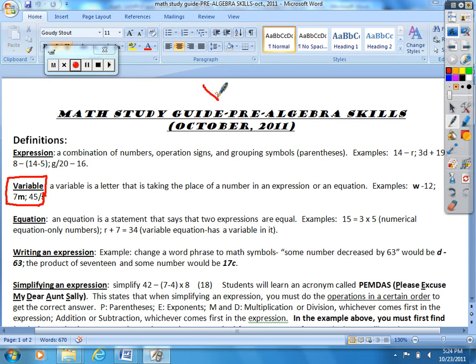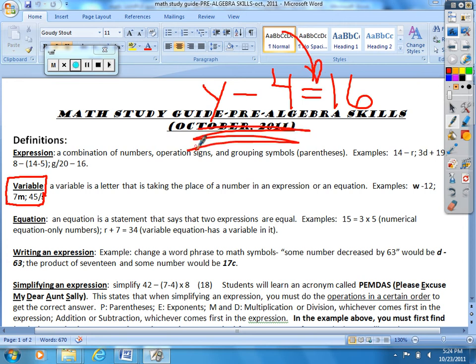For example, I don't know what y is until I actually work through my equation. We'll talk about the difference between an equation and an expression later. There's some number that will make this true. This equal sign says it's my job to find a value for y to make this a true statement.